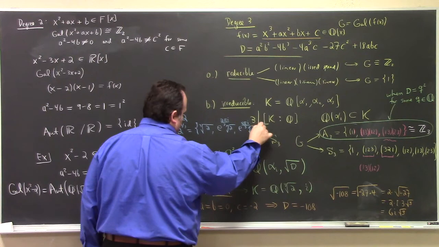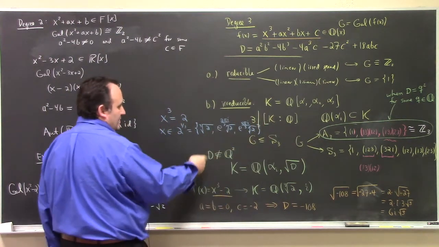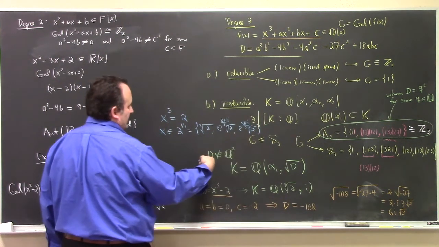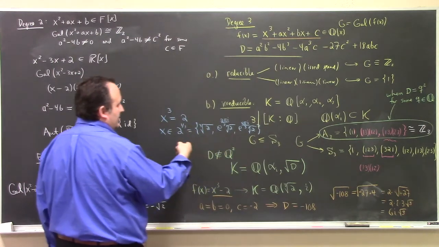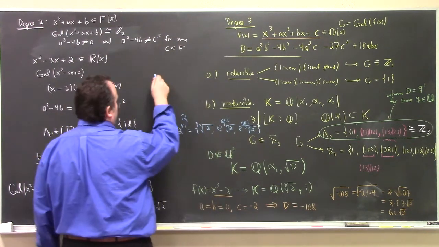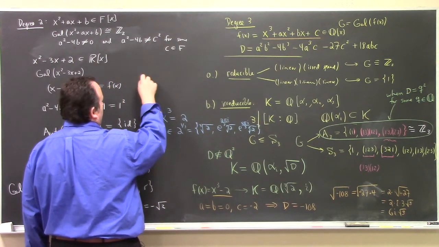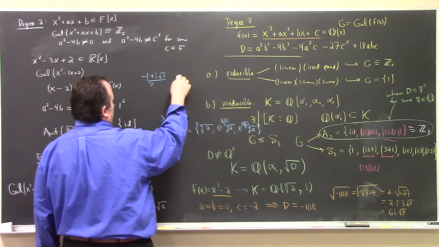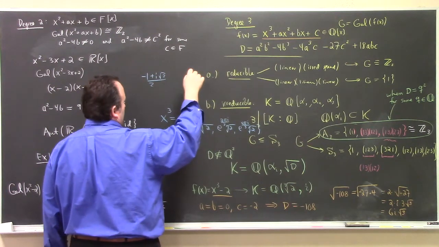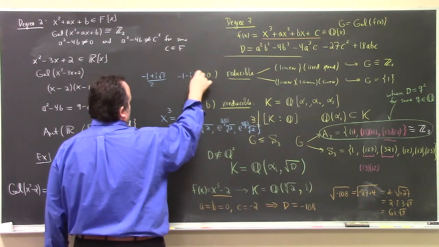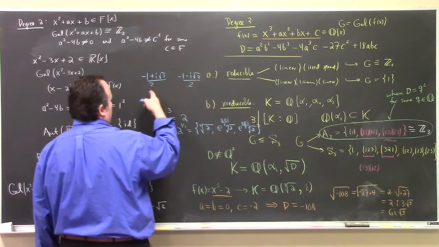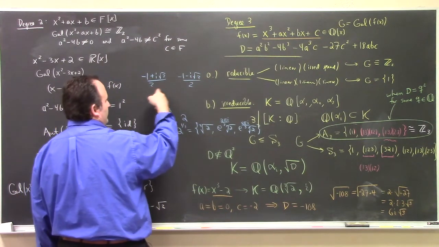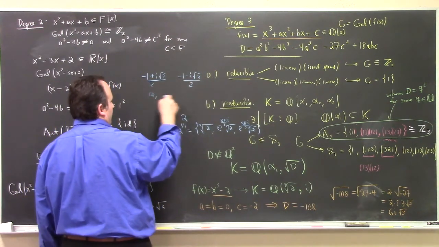Yeah. That, in turn, oh yeah, remember, root 3s. Those were the minus 1 plus I root 3 over 2, and then the other one was, you know, minus 1 minus I root 3 over 2. These are the third roots, the primitive third root of unity and the square of it, yeah?